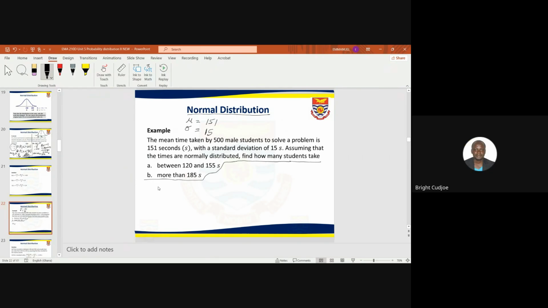I think it's between 120 and 155. I didn't write 195, I wrote 119.5. That is not the number in the statement given.